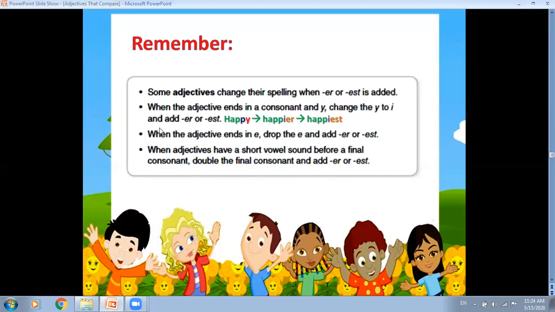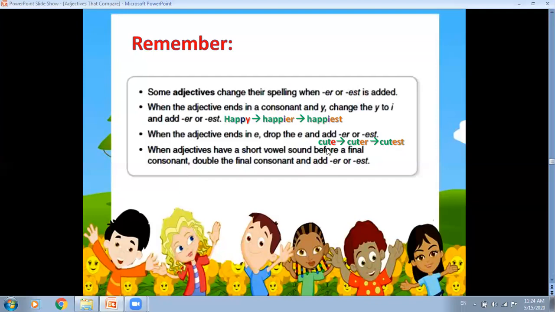Okay, let's continue. When the adjective ends in E, drop the E and add ER or EST. Example, cute. This adjective ends in E, so I can drop the E and add ER as in cuter, and drop the E and add EST as in here, cutest.